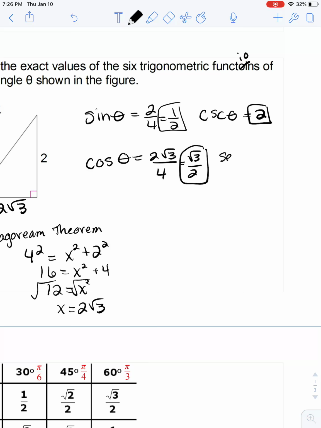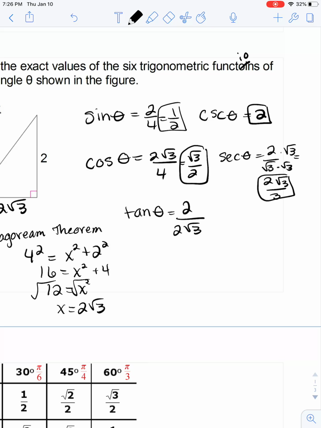For secant, I'm going to get 2 over square root 3. So I'm going to have to rationalize quickly here. So this would just be 2 square root 3 over 3. Tangent, opposite over adjacent. So that's going to be opposite is 2 over adjacent, which is 2 root 3.